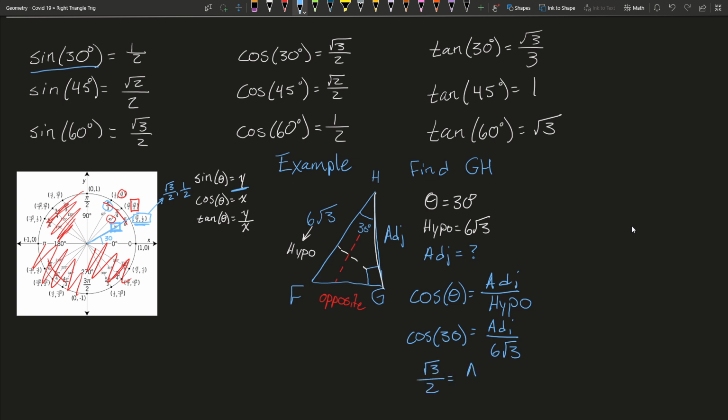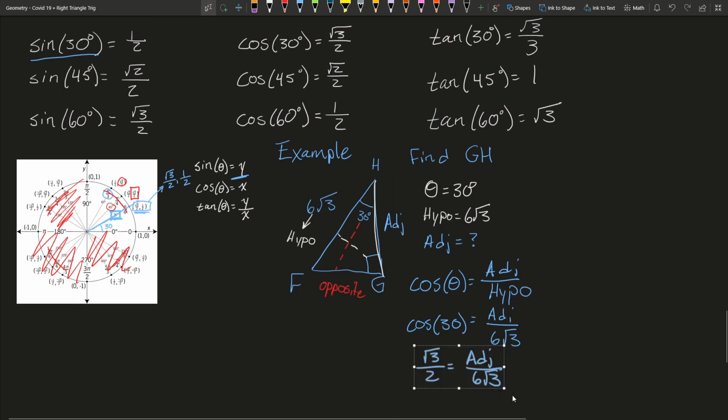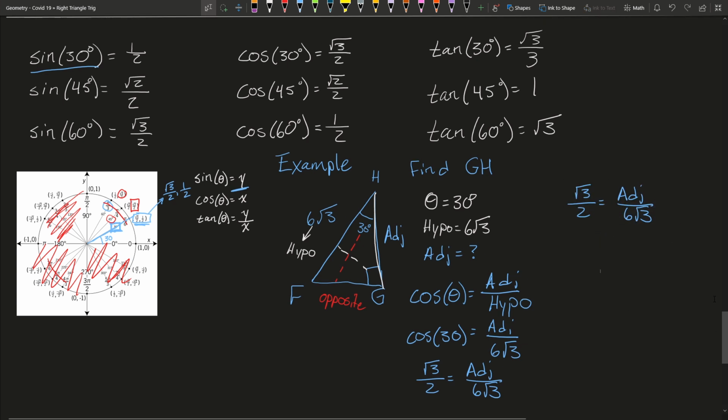And then everything else stays the same. So I want to pause there for a second. Are there any questions over what you see on your screen so far?